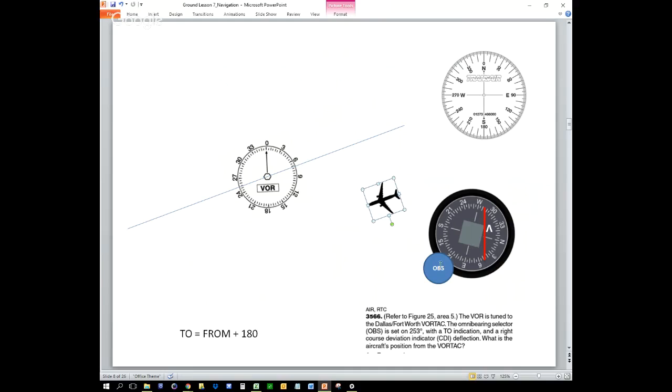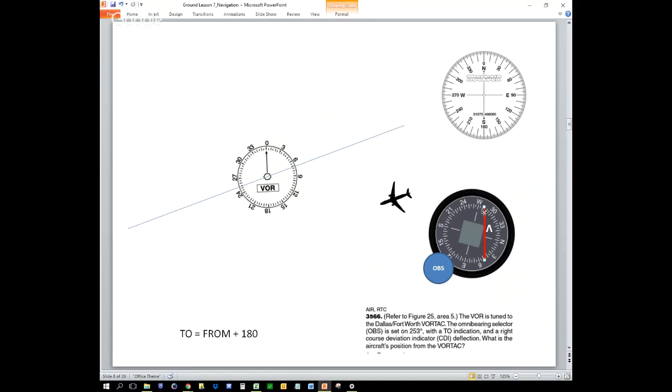Yeah, because if I turn my OBS, let's say my airplane's down here, I'm glad you brought this up because it shows the versatility of the gauge. If your airplane's way off course down here and you've got a right deviation on your CDI, I'm going to turn my OBS selector to get a radial where the needle centers.